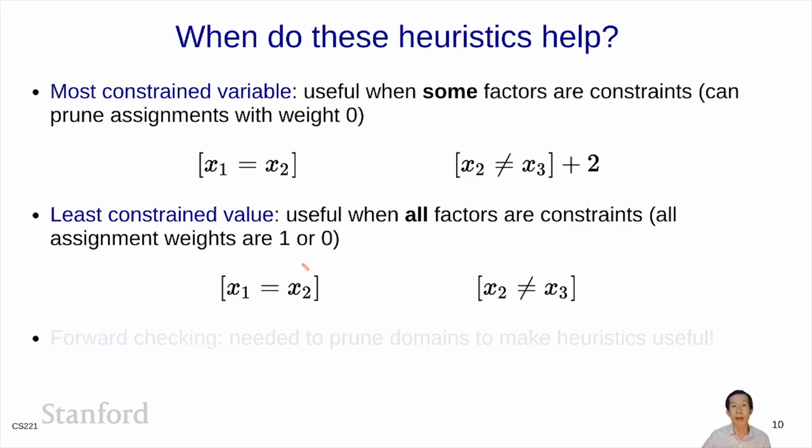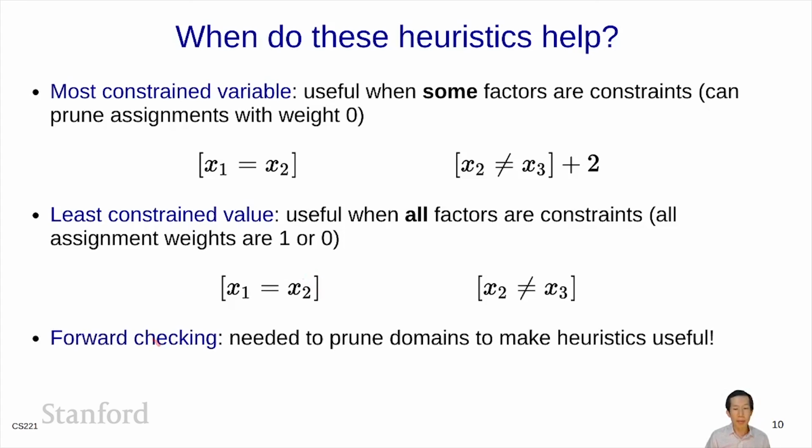Well, maybe there's another assignment that has a weight of 4 or 8 or 17 or so on. We can't really stop early. And notice that we need forward checking to make both of these things work, because these heuristics rely on counting the number of elements in domains. And so we need to prune these domains so that the heuristics work.